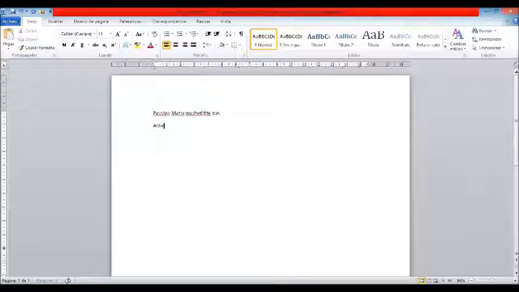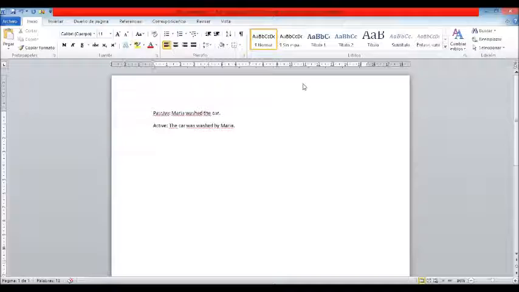How will be the active form of this sentence? How do we change it into active? The car was washed by Maria. Okay, excellent. By Maria.